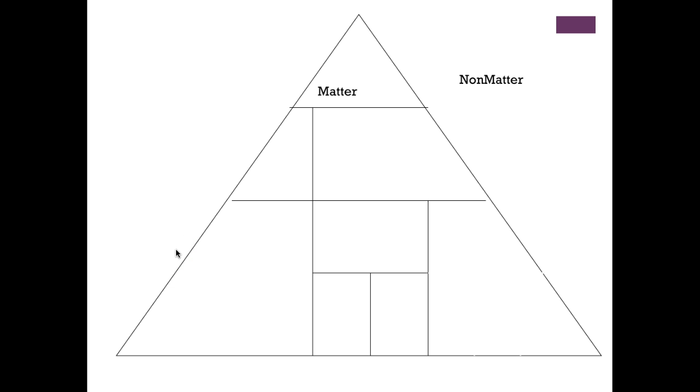Alright, so back to matter. Matter can be divided into two main categories: heterogeneous matter and homogeneous matter. Hetero means different, homo means the same. If we think about the roots of these words, we can start to understand what they might look like. Let's talk about heterogeneous matter first.